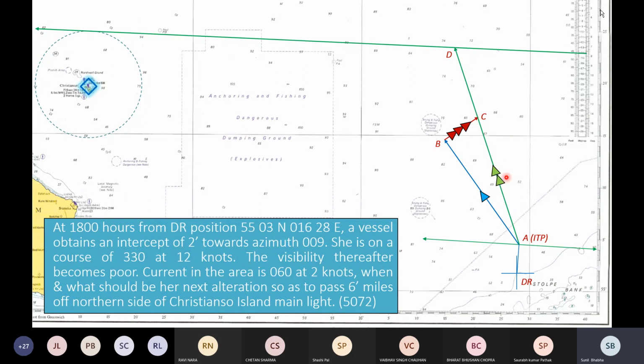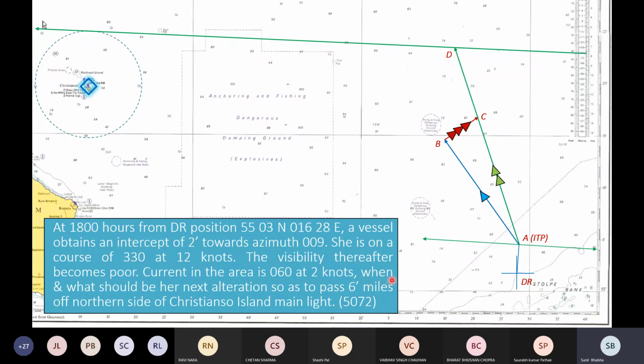So Alpha Charlie basically gives me my speed made good. I can measure off the distance Alpha to Delta, A to D, the total distance to be covered on my first leg, divided by my speed made good given by vector AC, and it will immediately give me the ETA, or the time required to reach point D. So one part of the question is already done.